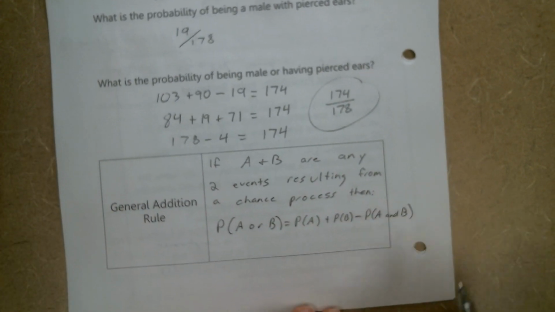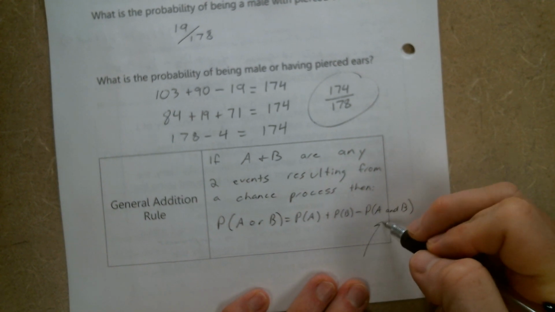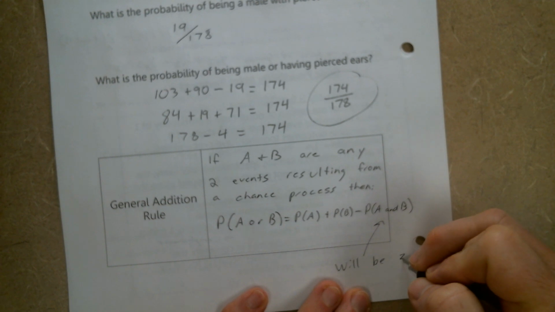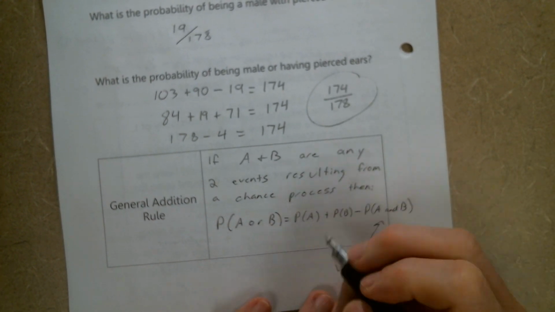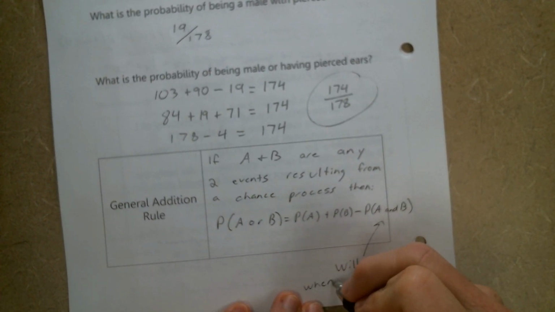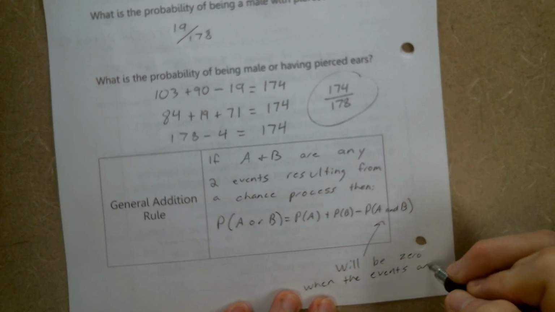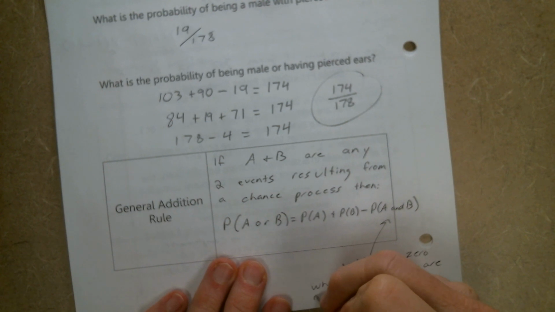And what I want to note is this right here will be 0 when the events are mutually exclusive.